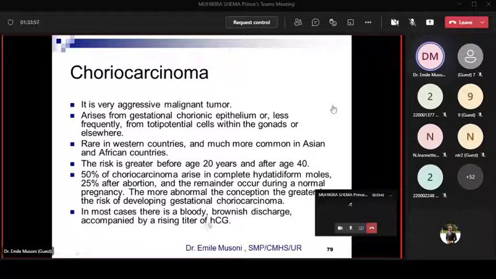Even in the treatment of choriocarcinoma, when you give chemotherapy, you have to monitor this HCG regularly. If it's still increasing, you may think that there are malignant cells still there. When it's decreasing, you may say that there will be a good prognosis.